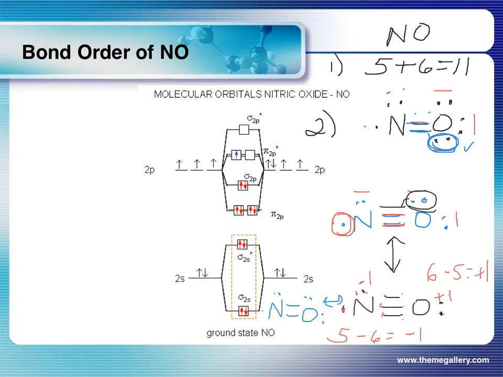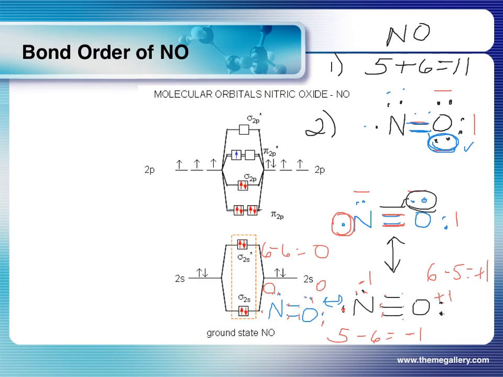And let's see how the double-bonded one stacks up. Oxygen normally has 6 valence, and in this structure it has 1, 2, 3, 4, 5, 6. So it has a 0 formal charge. Nitrogen has 5, and in this structure it has 1, 2, 3, 4, 5. That also has 0.